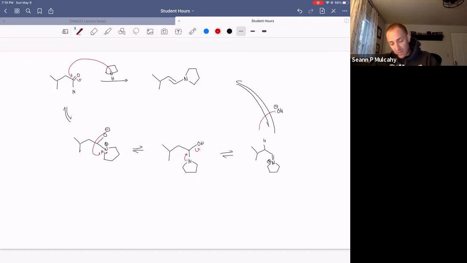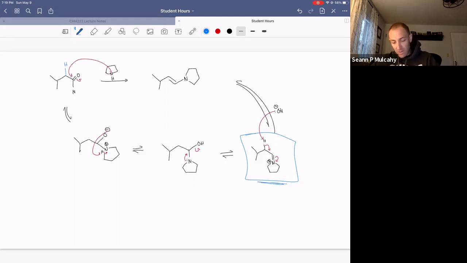Right? So the aminium ion does a deprotonation very similarly to the way an enolate forms. Think about this molecule as just a masked enolate. If you look at the starting material structure, that aldehyde has alpha protons that are acidic.